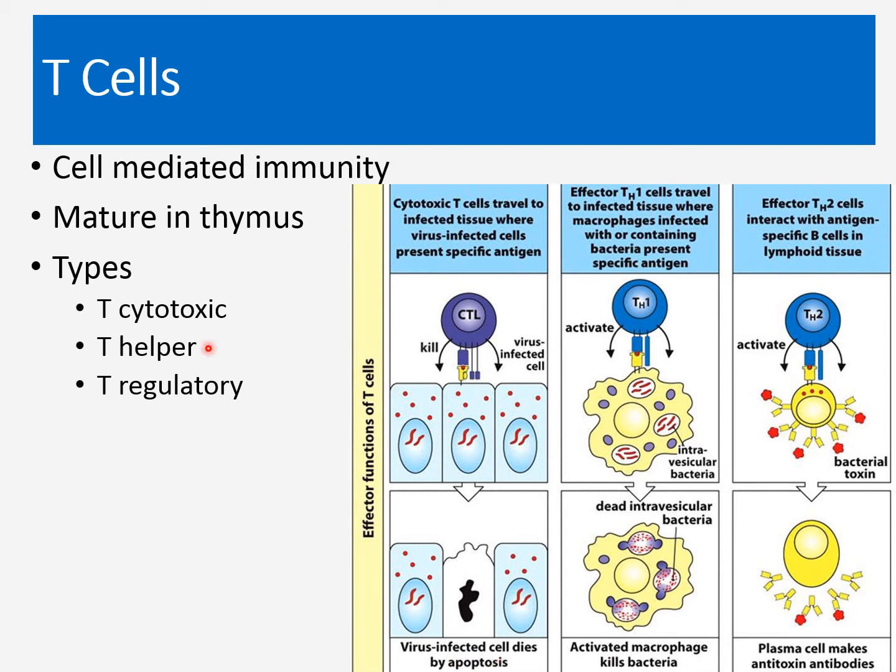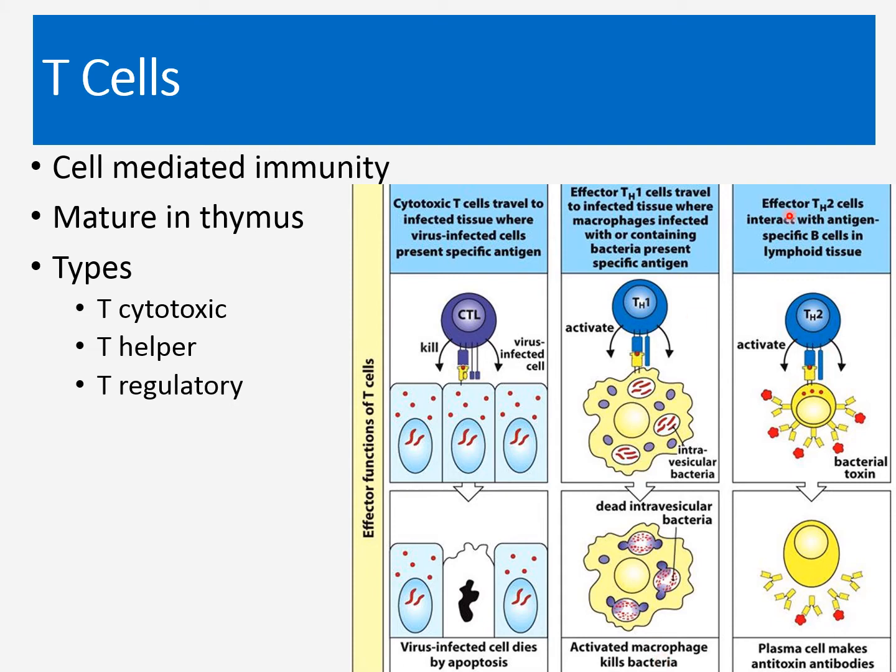T effector cells or T helper cells are of two types: T helper 1 and T helper 2. T helper 1 cells are involved in activation of macrophages, which leads to killing of the ingested microbes by the macrophages.